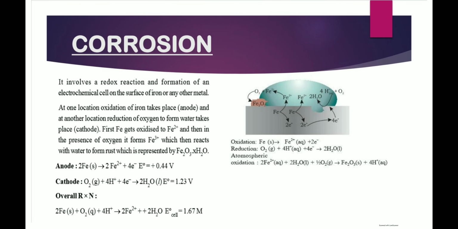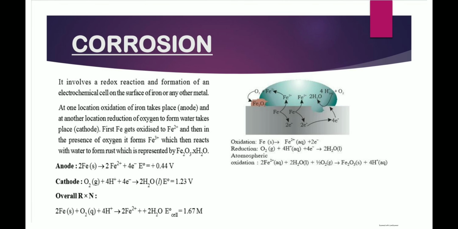The presence of electrolytes increases the rate of corrosion. For example, iron rusts faster in saline water than in pure water because NaCl acts as an electrolyte and accelerates the formation of Fe²⁺ ion and hence that of rust.